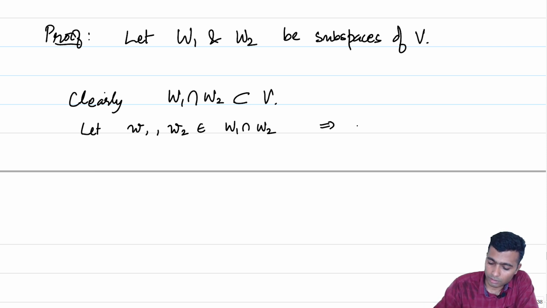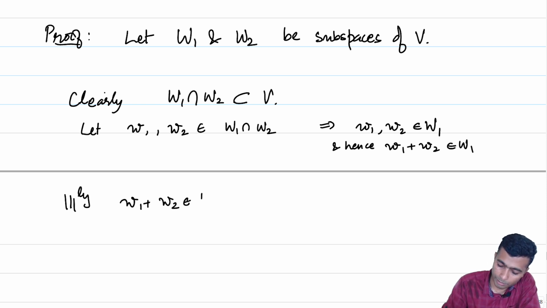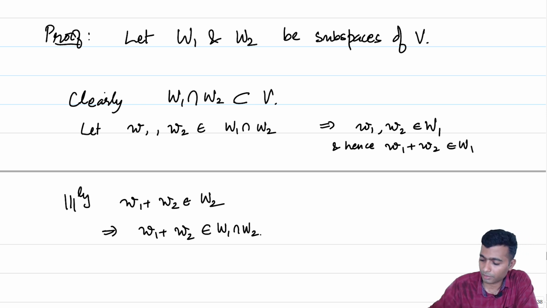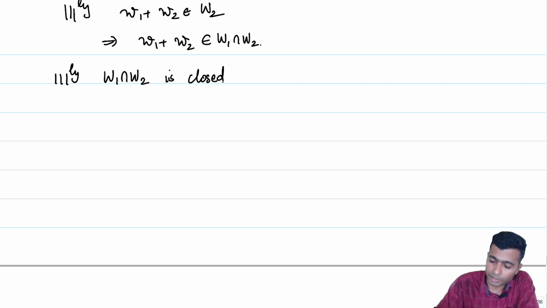This gives w1, w2 are in capital W1, and hence w1 plus w2 is in capital W1. Similarly, w1 plus w2 is also in capital W2, which implies w1 plus w2 is in capital W1 intersected with capital W2. It is very similar to check that W1 intersected with W2 is closed under scalar multiplication.